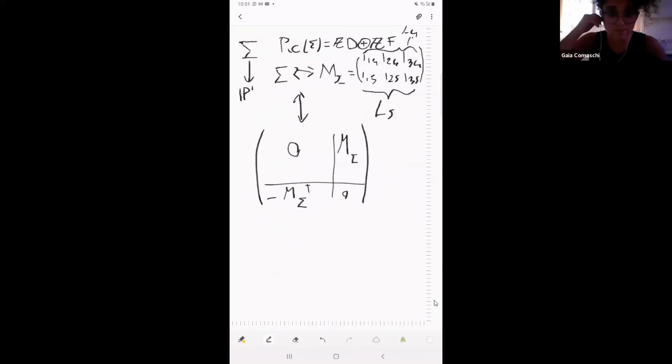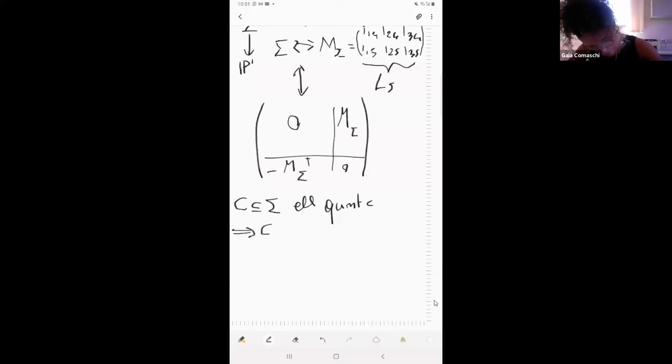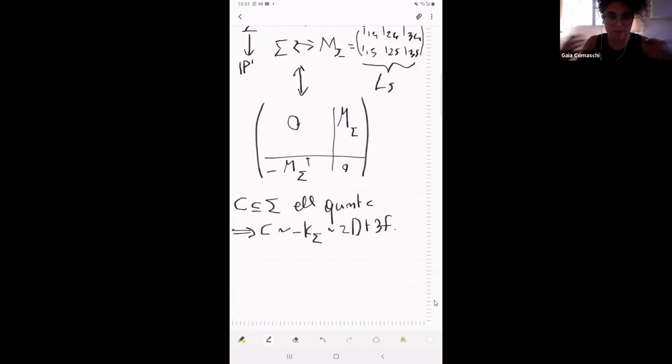So let's suppose now that C is an elliptic quintic in our scroll. Then C must be linearly equivalent to the anti-canonical divisor, and this belongs to this class. Okay, so the curve C is determined by the base locus of a space of quadrics that has dimension 5.